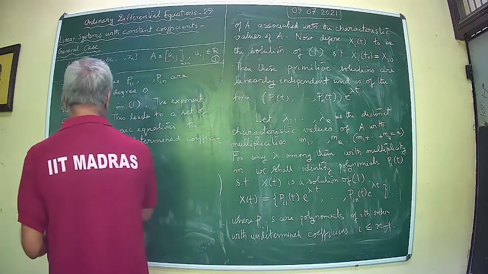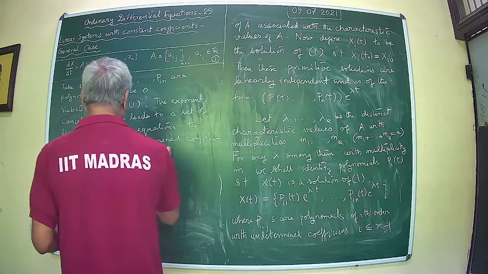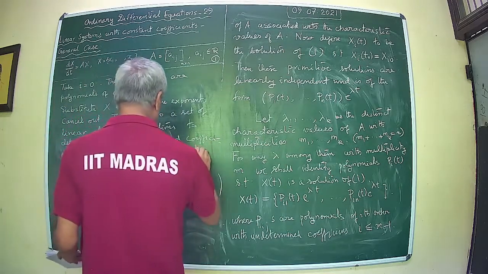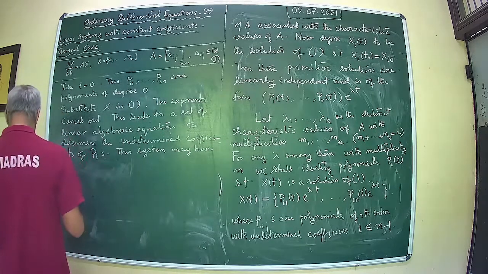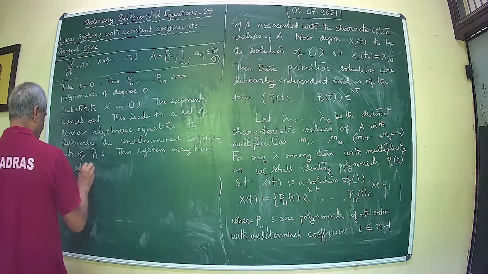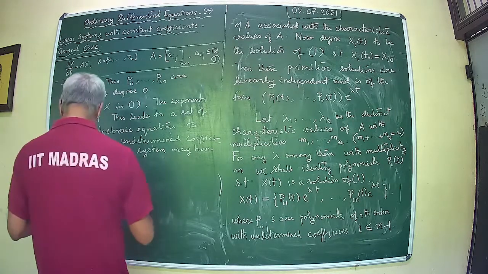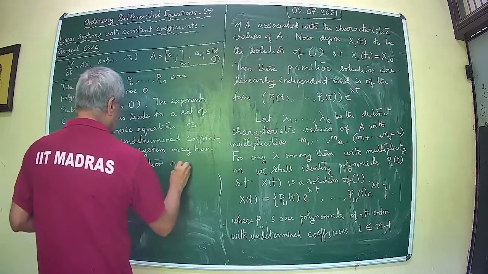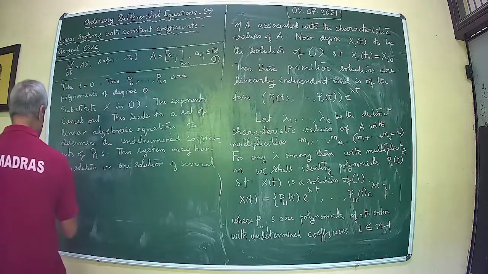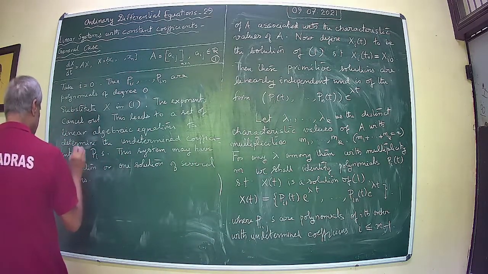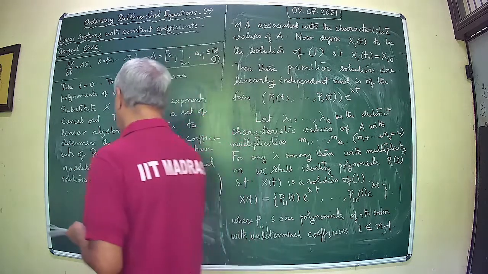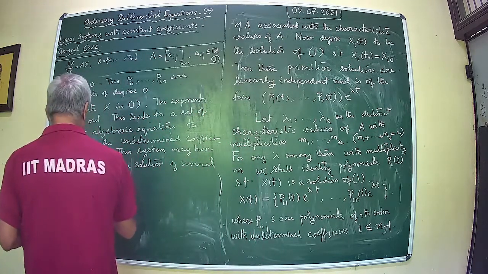So this system may have no solution, or one solution, or several solutions which are linearly independent.